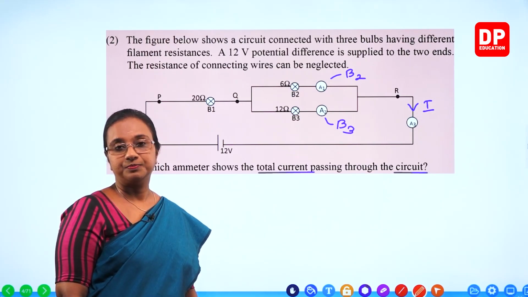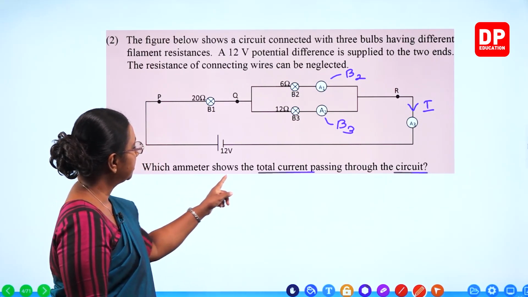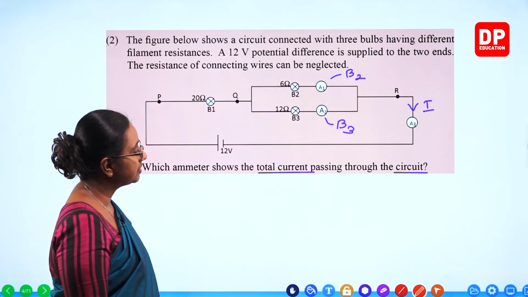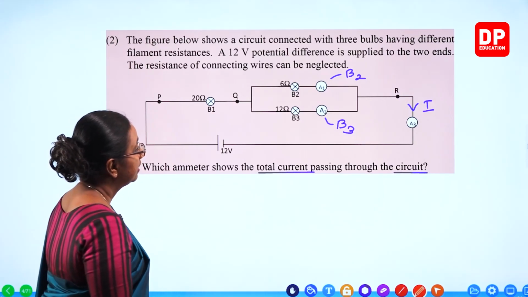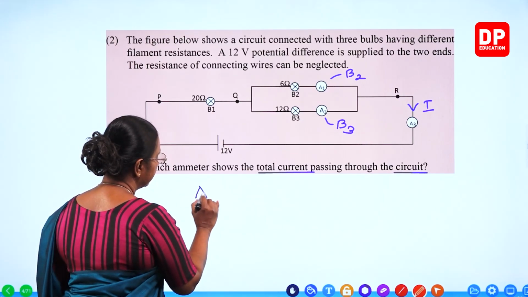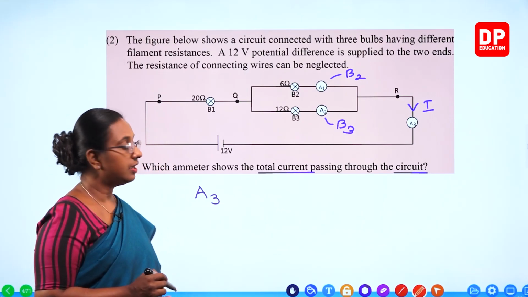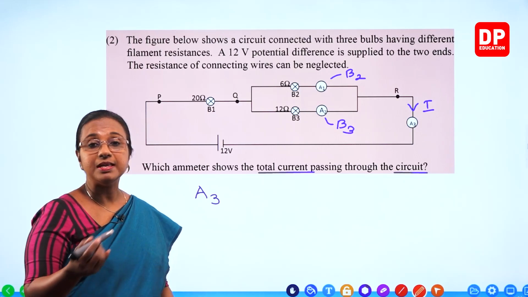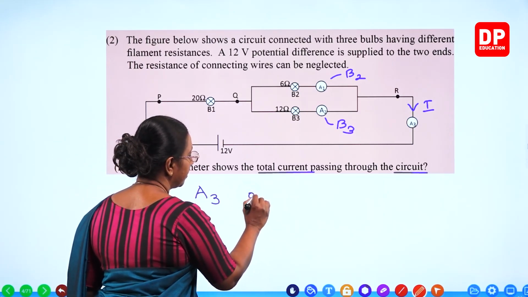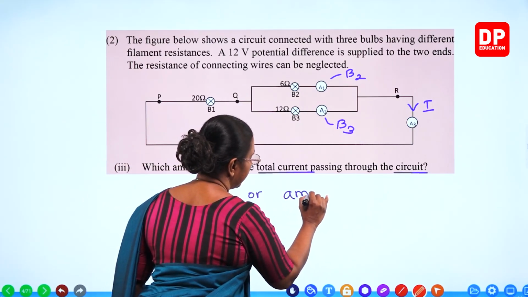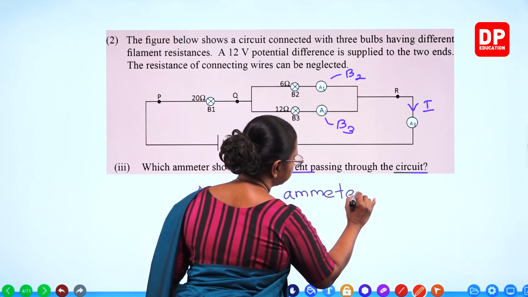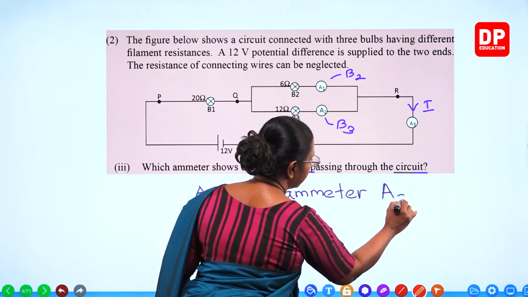Is that clear? So which ammeter shows the total current passing through the circuit? That is A3. You can write it as A3, or you can say ammeter A3, or you can write the answer as ammeter A3.